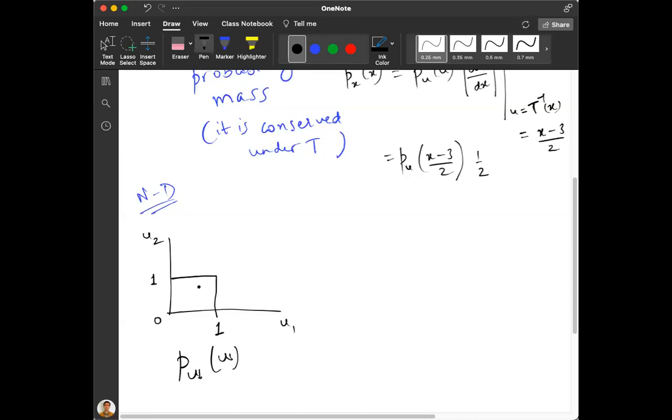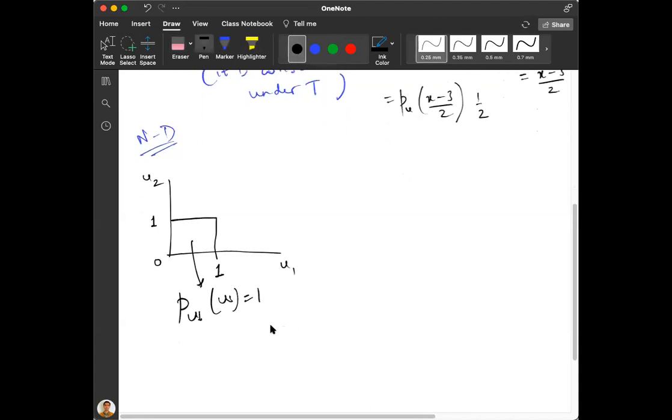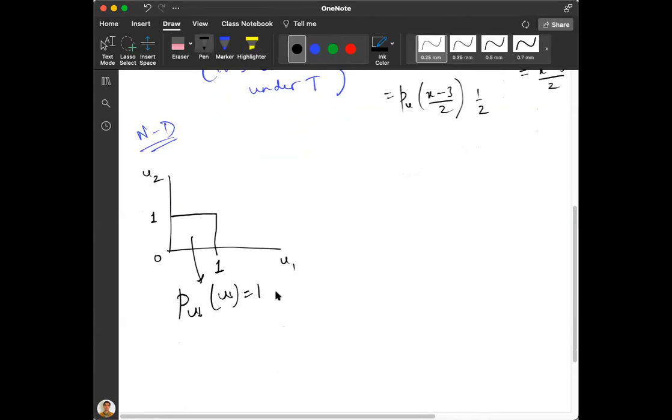Here it is all 1 inside the box, and 0 outside the box.